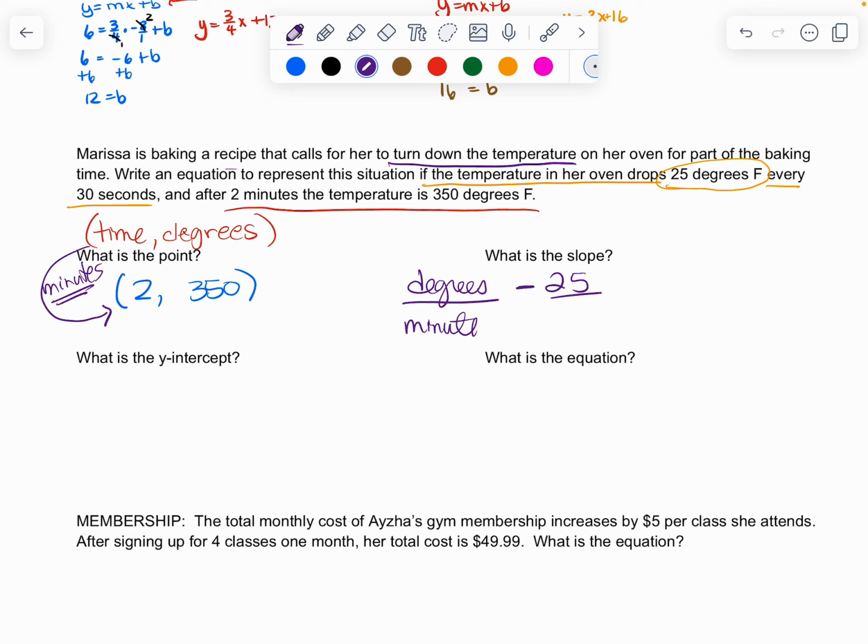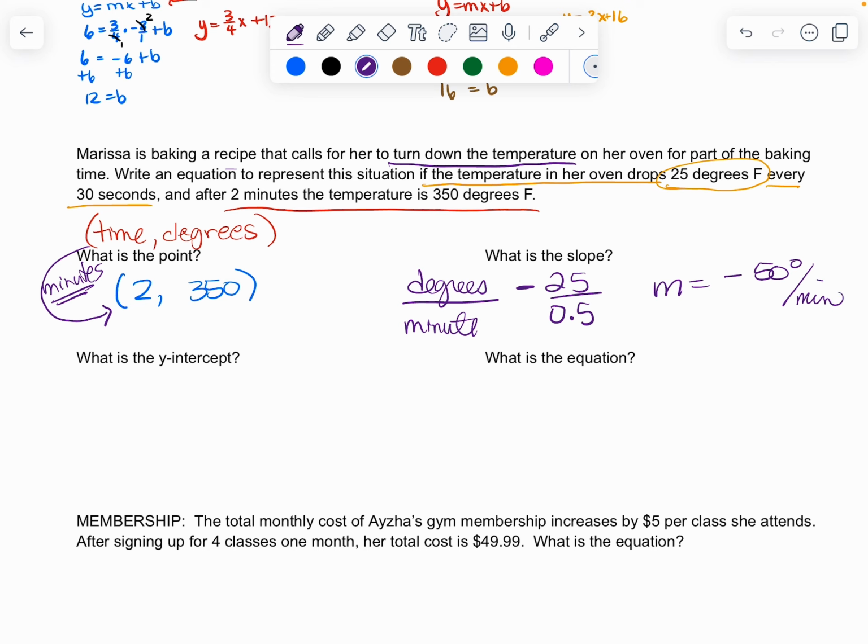So it's going to go down 25 degrees every 30 seconds. But 30 seconds is not a minute. 30 seconds is half of a minute, okay? So that means that my slope is going to be going down 50 degrees per minute.